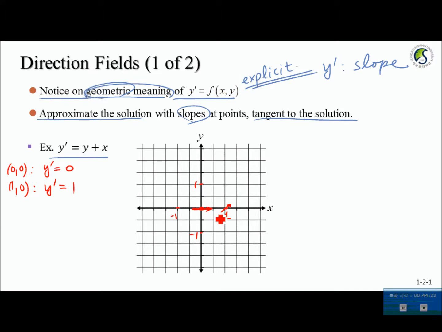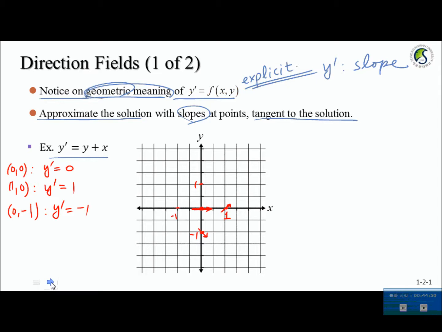What about here, (0, -1)? Then y prime is -1, so the slope goes this way. And so on and so forth. If you keep calculating over this whole space, then you'll see how the solution moves.